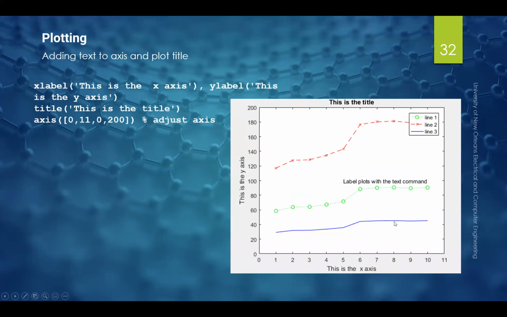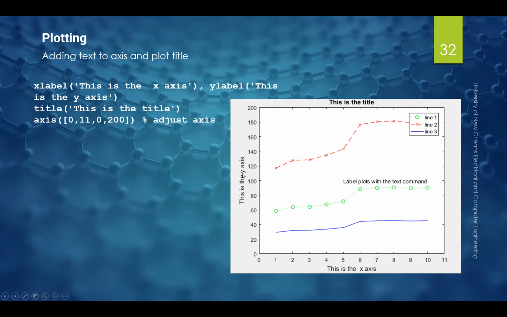Okay, one more example. Again, the only difference here is that we change the labels on the X and Y axis, and we added a title. Right, same plot as before, but this time we added a title with the X label for the axis.